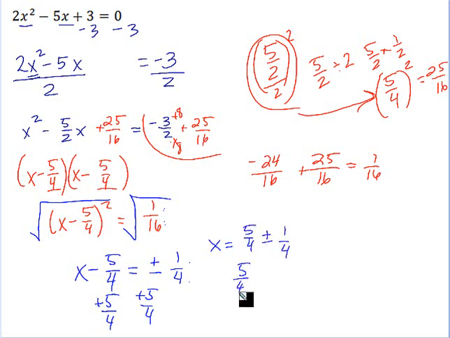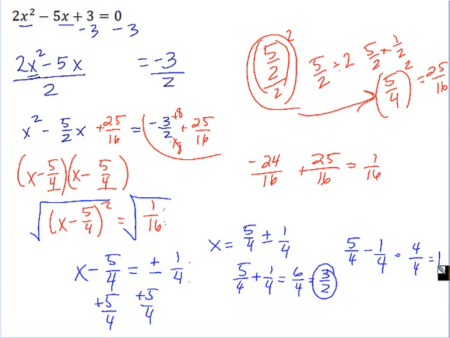Well, this gives me 5/4 plus 1/4, which would be 6/4, or simplified down as 3/2. And the other one is 5/4 minus 1/4, which would be 4/4, simplified down would be 1. So your two solutions here would be 1 and 3/2. And that is how you complete the square.